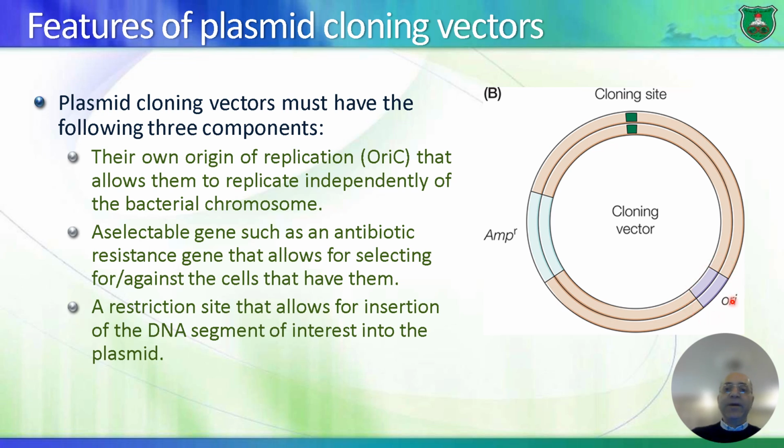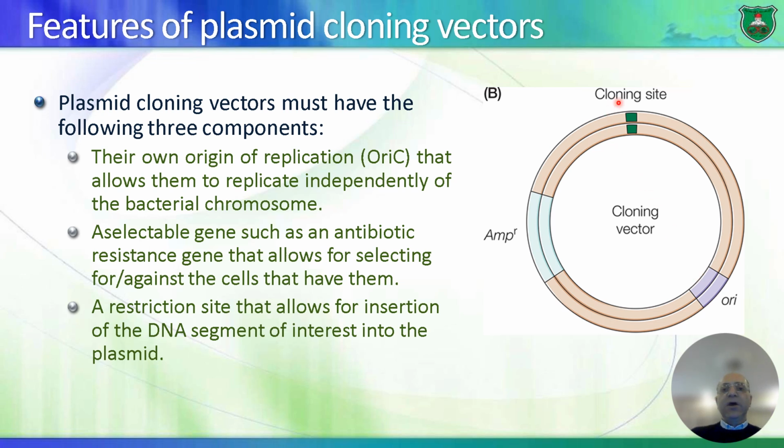So go back to the DNA replication lecture and read about the origin of replication. They have at least one. All they need is just one. They don't need more than one. And this is the starting point of DNA replication, and that is what makes them replicate independently of the chromosomal DNA.